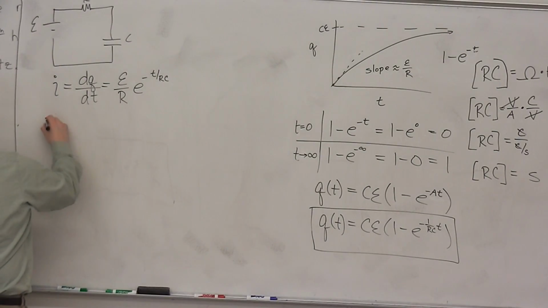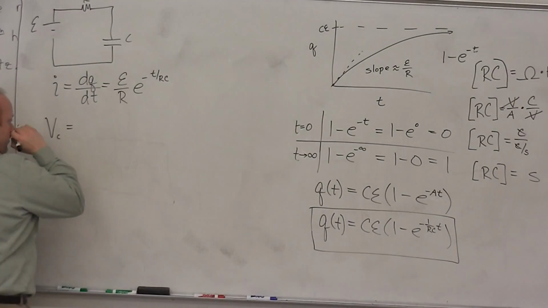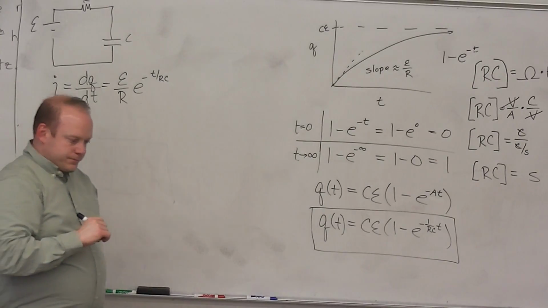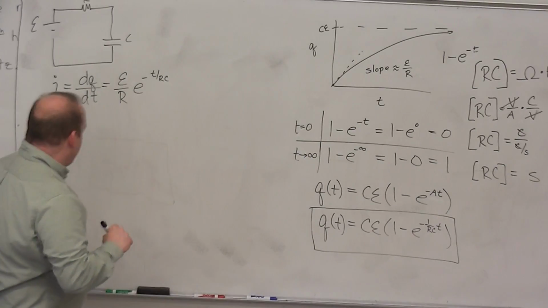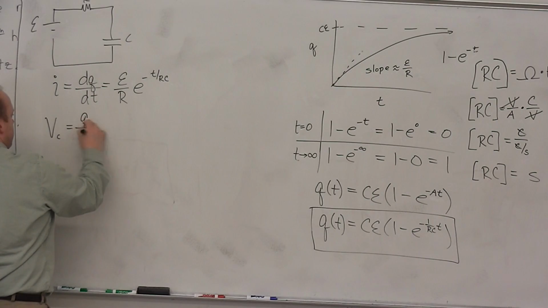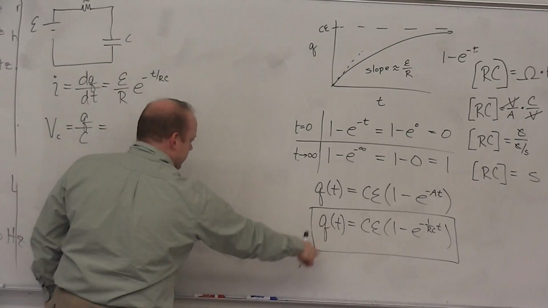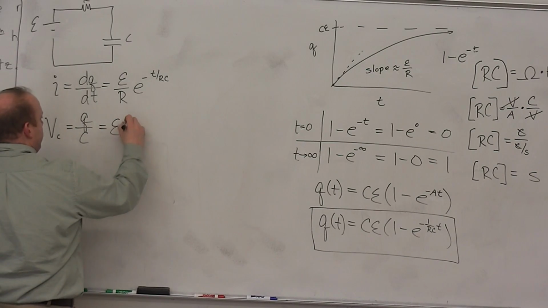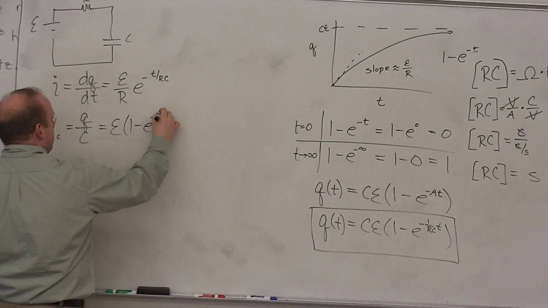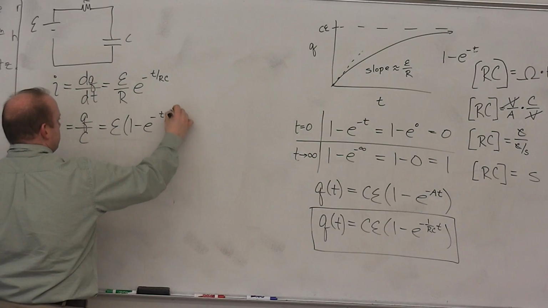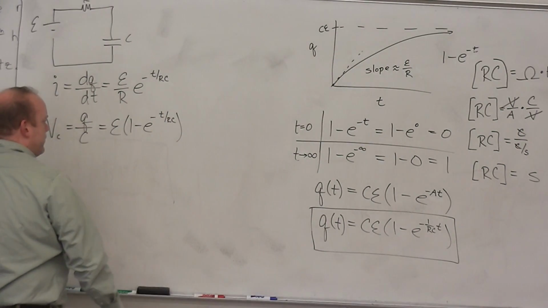Okay. The voltage across the capacitor is going to equal Q over C, which is going to equal, so if I just take this equation and divide by C, I wind up with E times 1 minus e to the negative t over RC. And I'll write it like that instead of the word over RC.